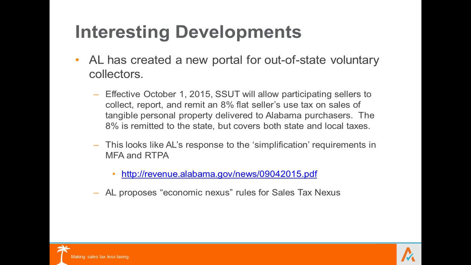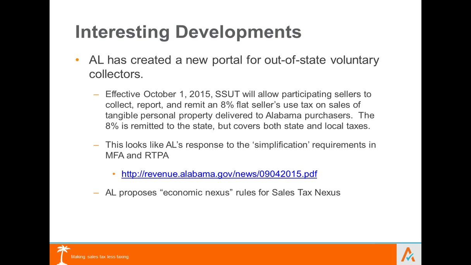Alabama has created a portal for currently non-registered sellers who lack an obligation to collect, but who want to collect voluntarily. Now, I don't know how many people actually fit into that category, but there might be a few. Some businesses prefer to collect based on the requests of their customers, right?